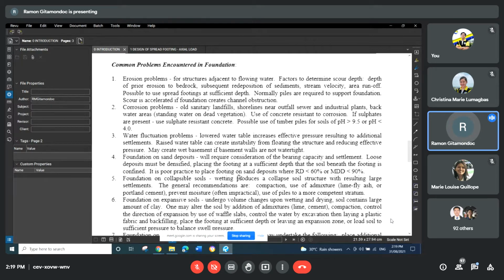Now, next we have also the water fluctuation problem. A lowered water table increases effective pressure, resulting in additional settlements. And a raised water table can create instability from floating the structure and reducing effective pressure. I don't know if you have seen this in our engineering building. There were cracks which occurred in that building during the time of the long dry season.